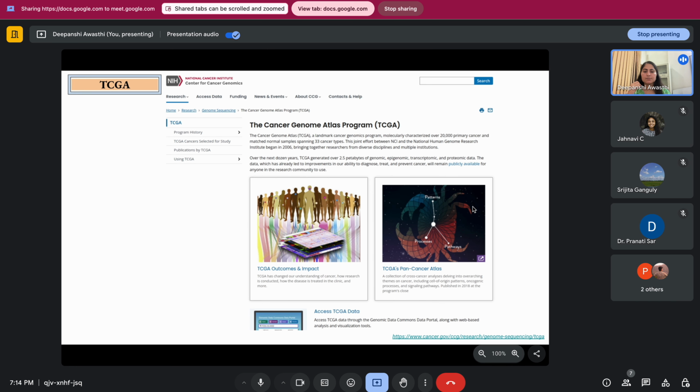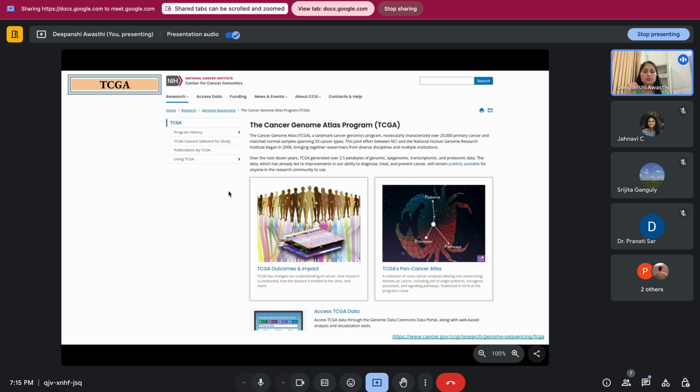Don't worry. Okay, so this is the home page of the Cancer Genome Atlas, and it is under the NCI, the National Cancer Institute, hosted by the Center for Cancer Genomics. As we discussed in the previous session also, there is the GDC, the Genomic Data Commons. In that they have arranged the data from multiple experiments, and TCGA is also under those consortiums.